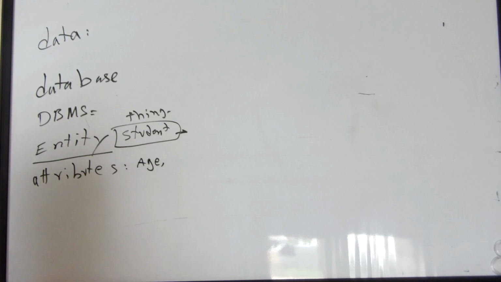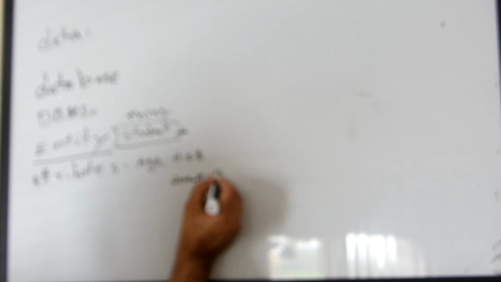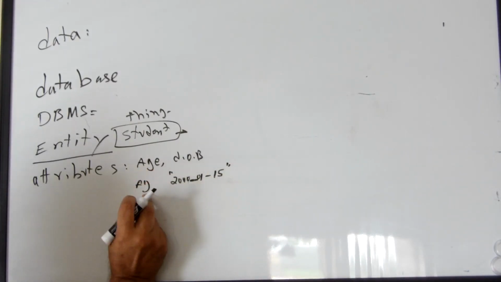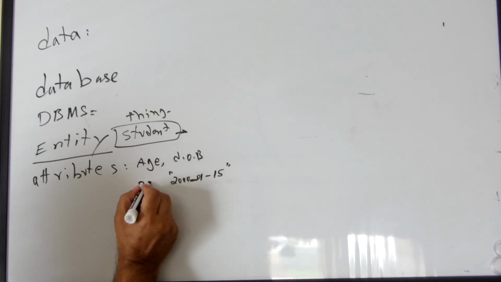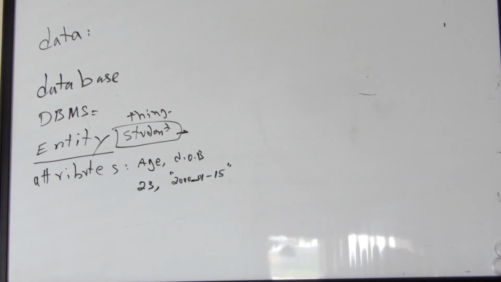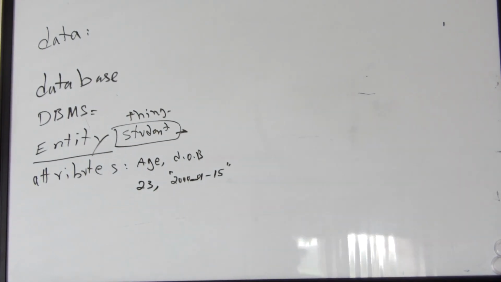Date of birth has a value like January 15 of 2000, for example. These are strings, and for age we can use 23, written as an integer. The age is 23.